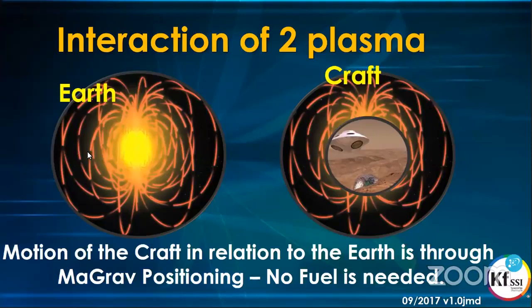And when we come back to Earth, when we start creating the craft, which will have its own magnetic gravitational fields in relation to the Earth, it's also going to be able to do travel and movement through mag-grav positioning, where no fuel is needed.